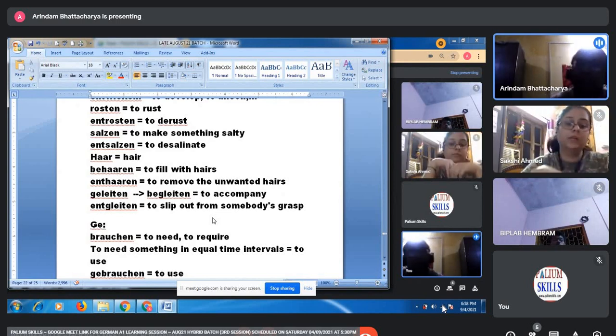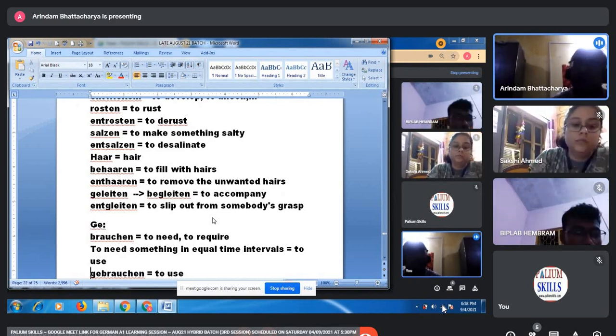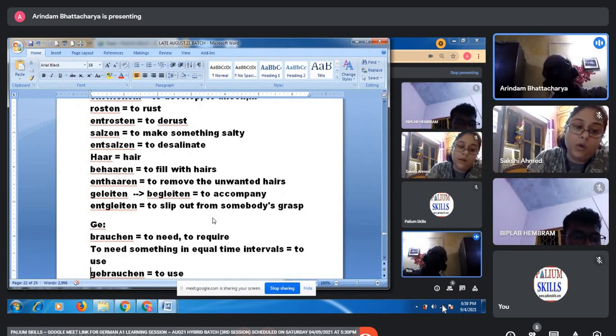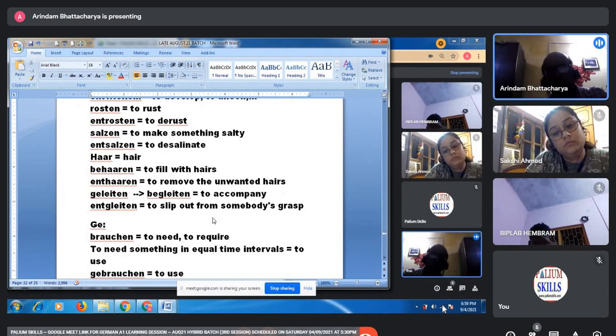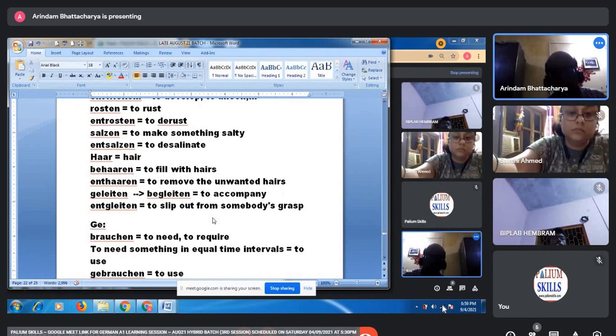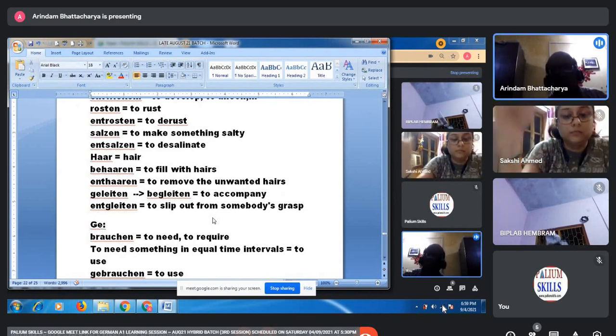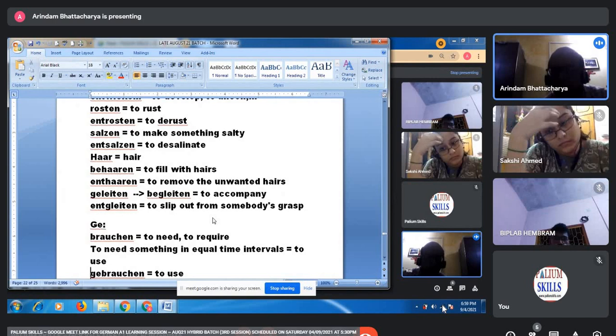Now, when you need something at equal intervals of time, like when you are an IAS officer and you need to wear a formal dress. You can't wear shirts and pants, or informal dresses, tops and other things to the office.